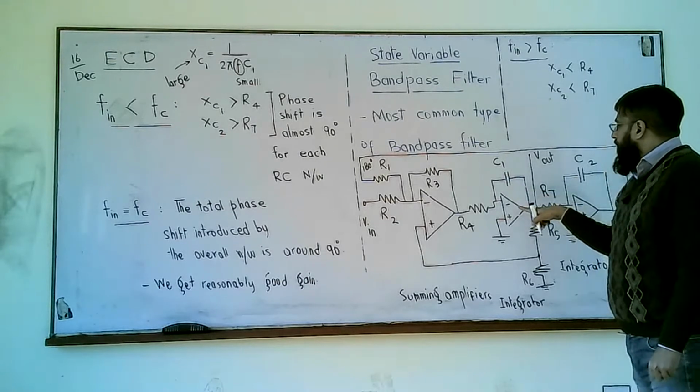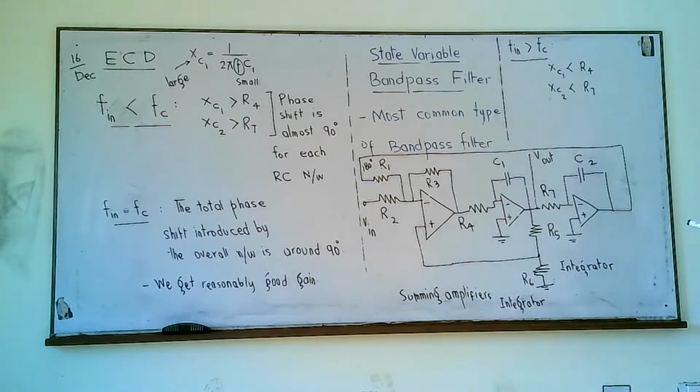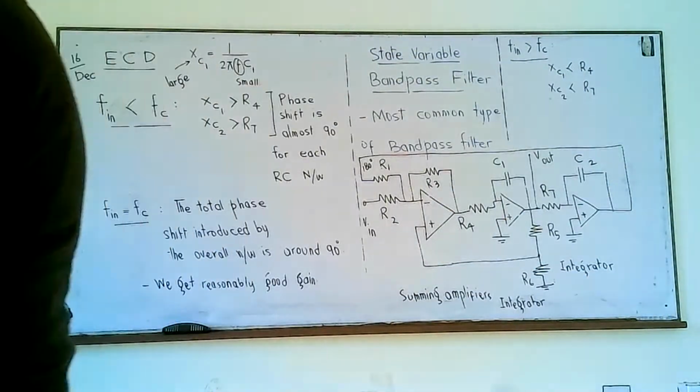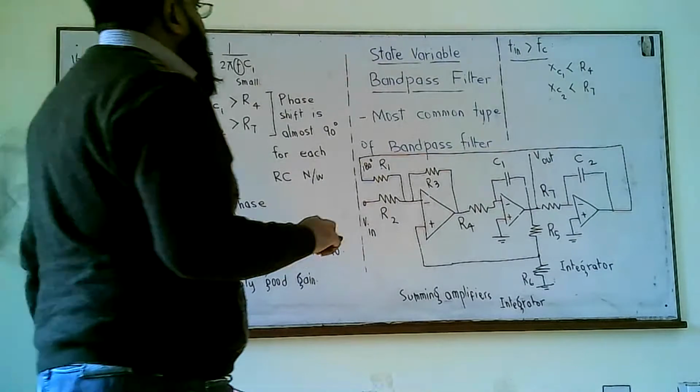In fact, it will block the output, because the output is across a capacitor and it is approximately zero, because the capacitive reactance Xc is much smaller than the resistance R. So therefore, we will get a poor response, even for frequencies that are very large compared to Fc.